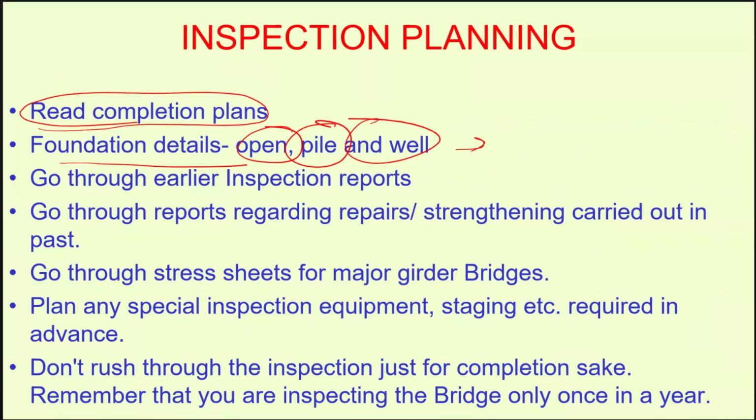Then go through the stress sheet of the major girder bridges. The stress sheet is a very important document wherein it is given what the stress level is in each and every component of the bridge. If you know that, then you will know what reserve strength is there. So when your structure starts behaving in a wrong way, you can assess whether the behavior is wrong or whether your stress sheet is wrong, and accordingly what action is to be done.